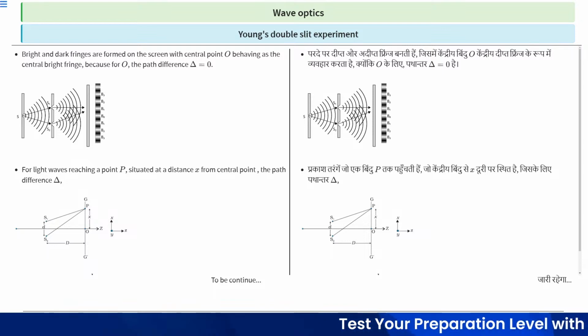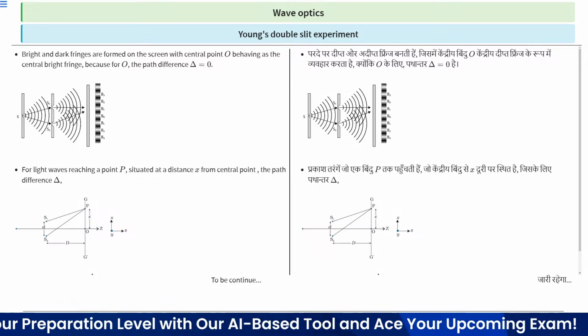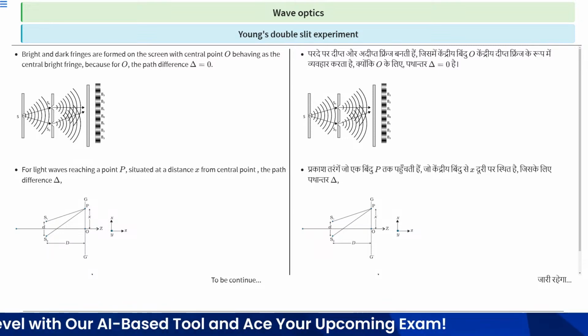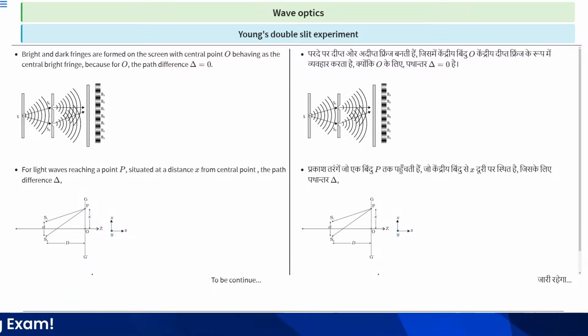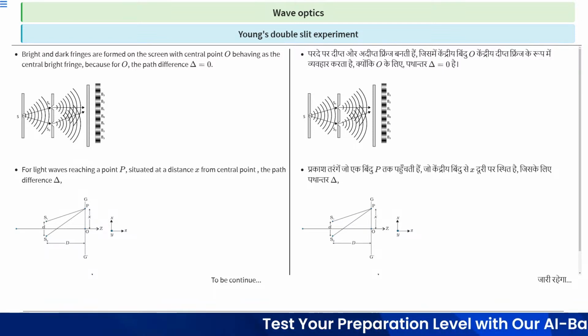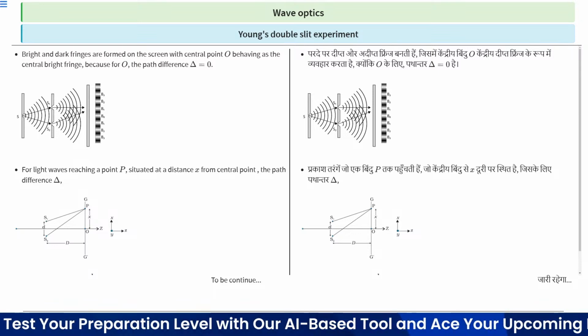In that case, the path difference is equal to S2P minus S1P. S2P is greater than S1P, which is equal to xd divided by D. So this is the path difference when both the source waves meet at point P.